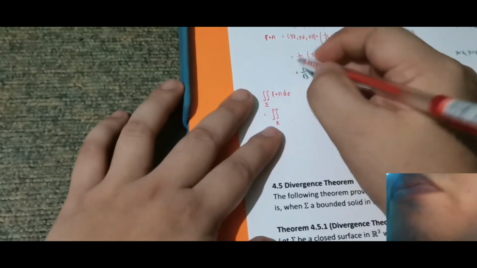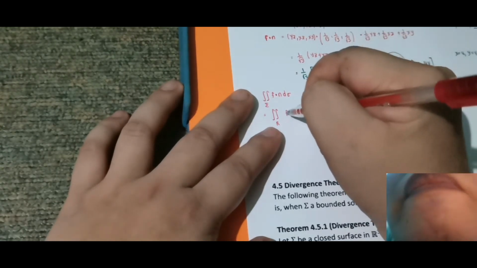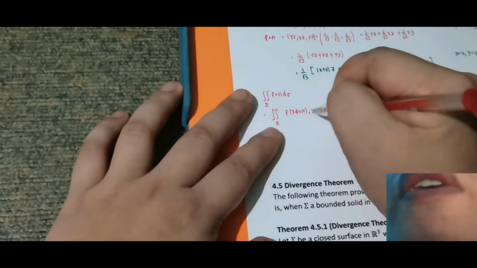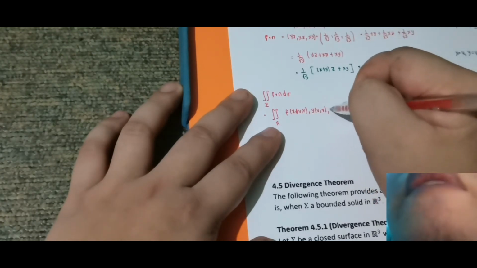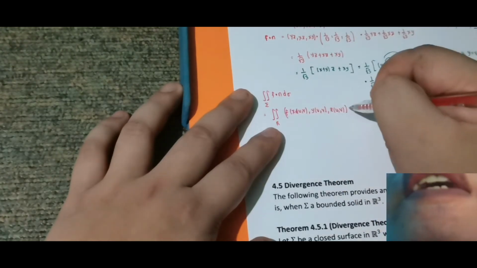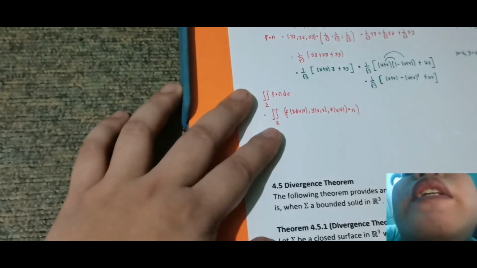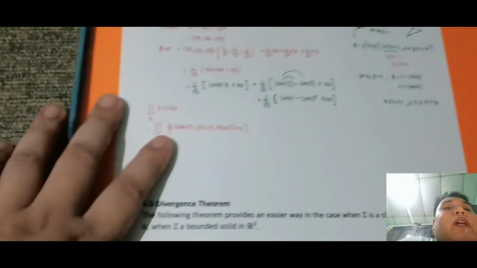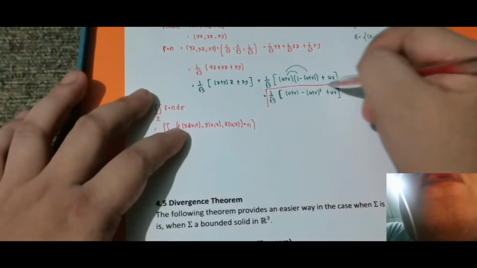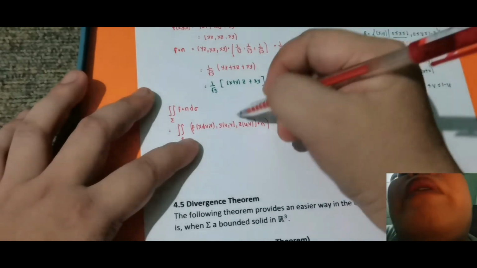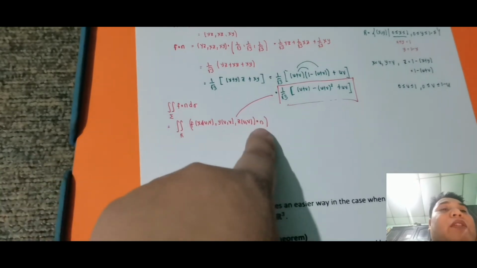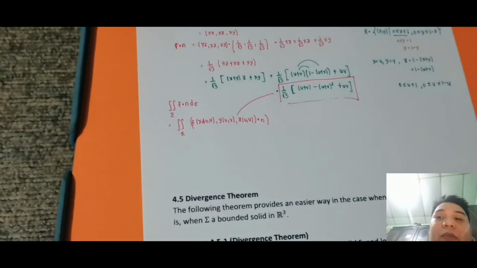Yung formula natin is f of x of u comma b, y of u comma b, z of u comma b, then that product yung n. Ito yung part na yan, yun ang solve ko, times yung n. So actually, kasama yung n. So na-multiply ko na kasama siya sa n. So at least medyo napadali tayo dyan.